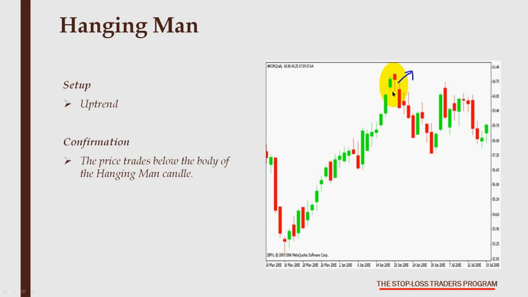It indicates some buying pressure, right? I'm looking at that candle in isolation. So I need additional confirmation that the engulf on arrival is happening there on my execution time frame, and that is why I'm going to use this conventional confirmation. That is, the price needs to trade below the body of the hanging man candle.